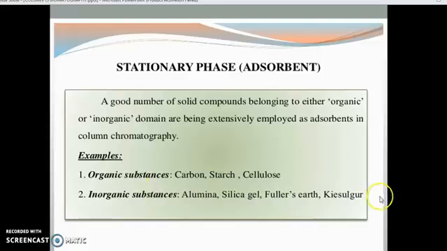The stationary phases used include organic substances like carbon, starch and cellulose, and inorganic substances like silica gel, fluoride and alumina.